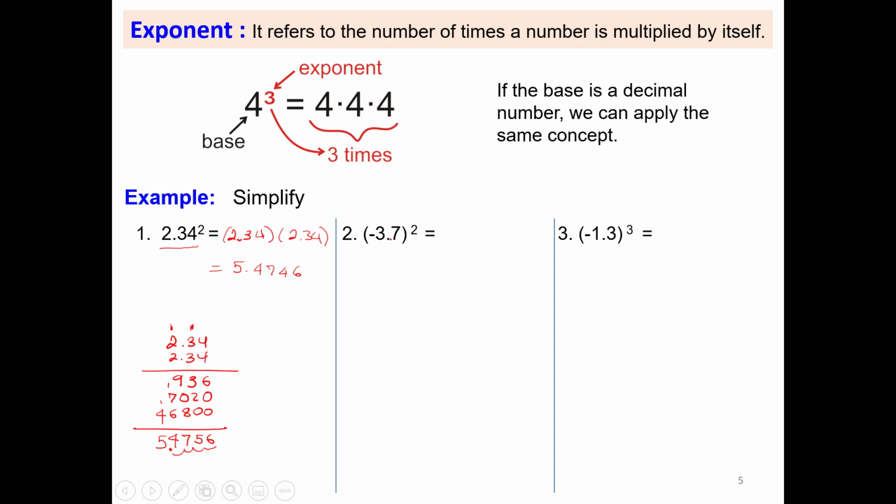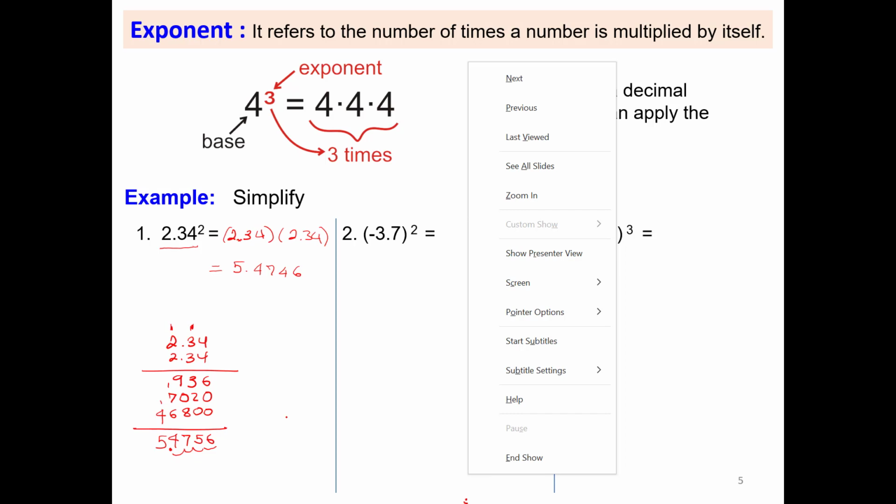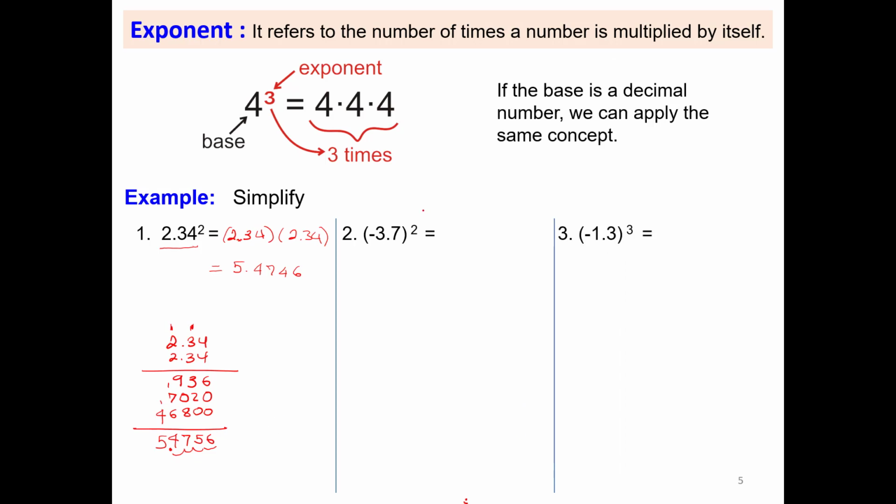We discussed when we covered the integers, in the case of integer numbers, if the base is negative but we had an even exponent, the answer must always be positive. The product must be positive always.